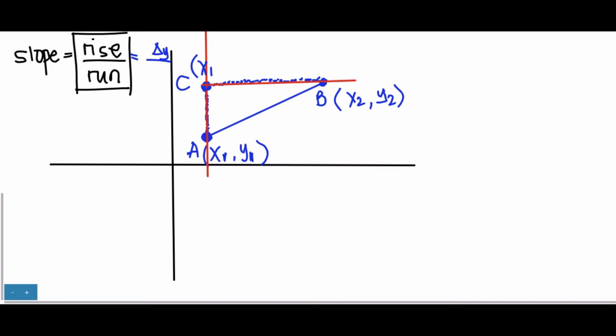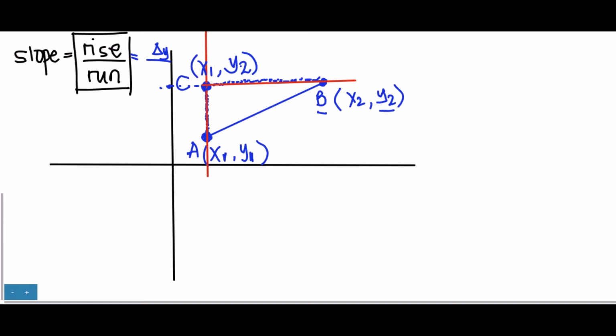And that gives us the idea that these 2 points have the same y coordinate. So this must be y sub 2, since point B has y sub 2 as its y coordinate. So we now have the coordinates for point C.